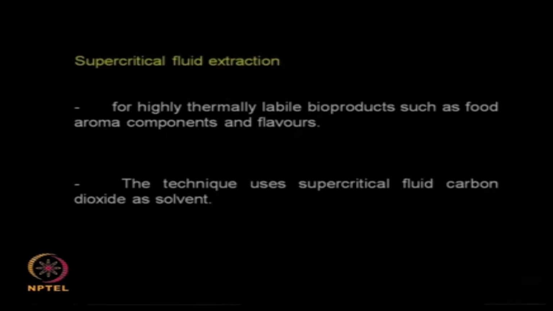So with reasonably good values of pressure you will be able to get a supercritical carbon dioxide. So it acts as a solvent. A supercritical fluid is neither a gas nor a liquid, so it is in between. It has got very interesting properties which are made use of in the supercritical fluid extraction.